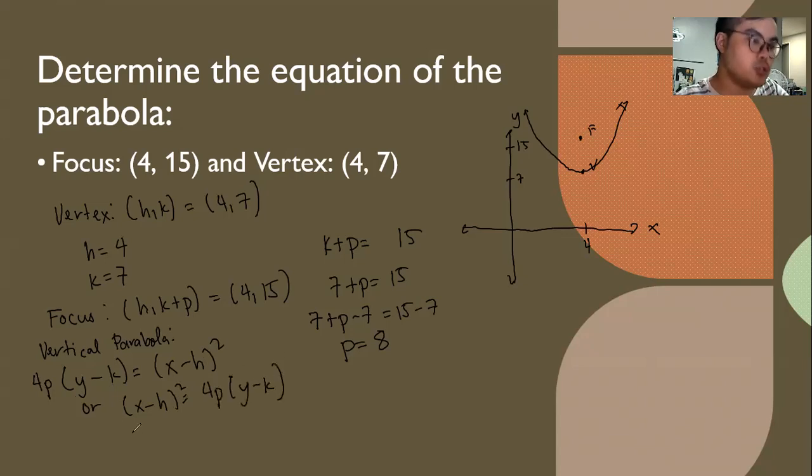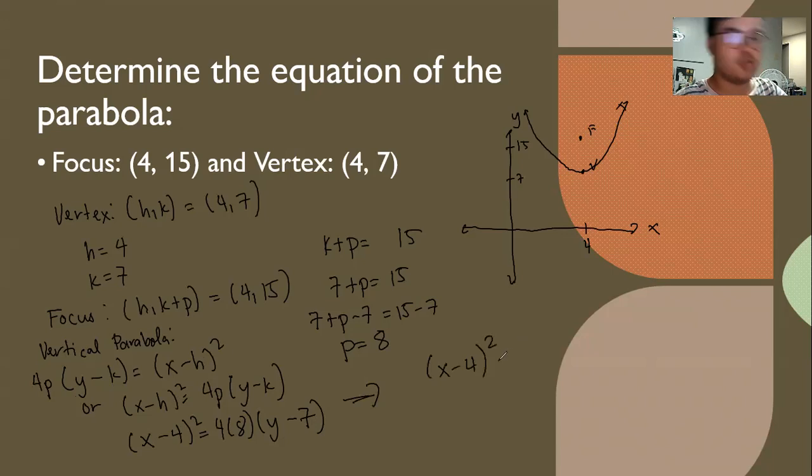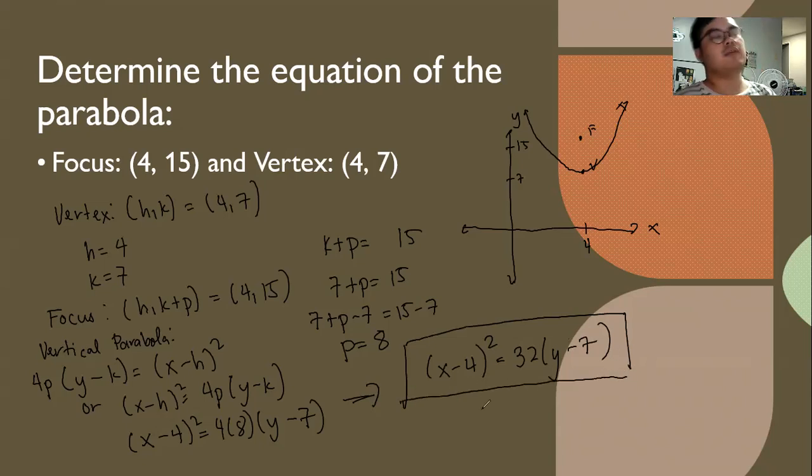So we're going to substitute it. So it will become x minus 4 squared equals 4 times 8, then y minus 7. Okay, so now we're going to simplify. Okay, so 4 times 8 will become 32, then y minus 7. So this is the equation of this given parabola based on the focus and the vertex.